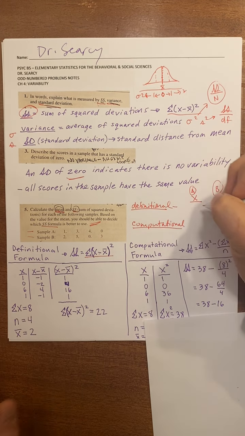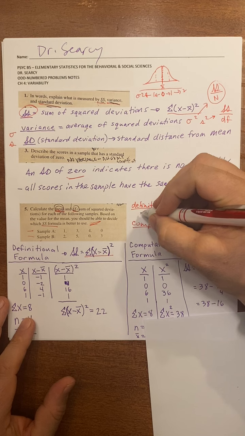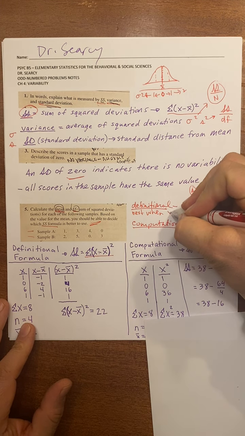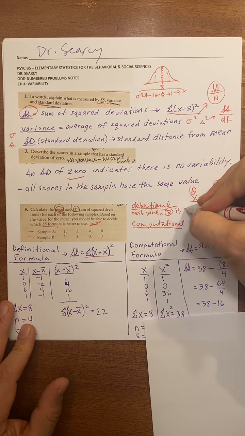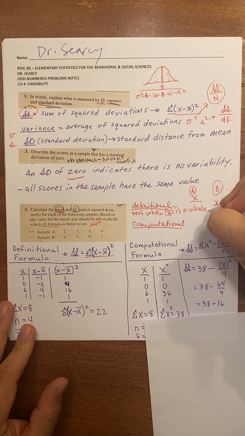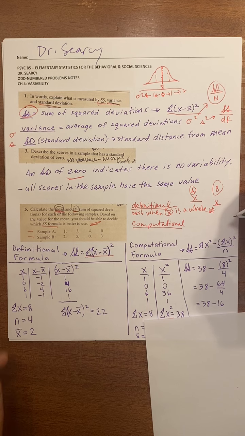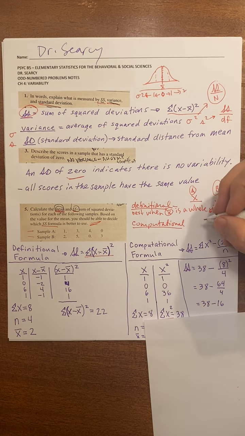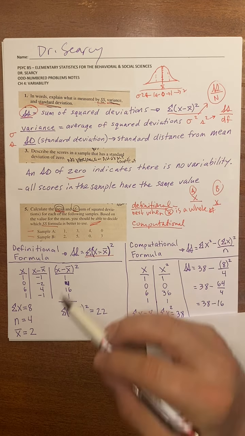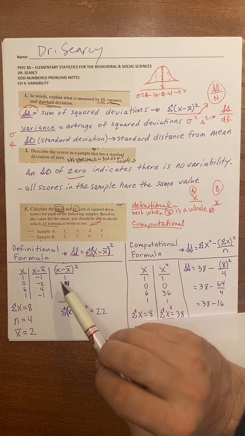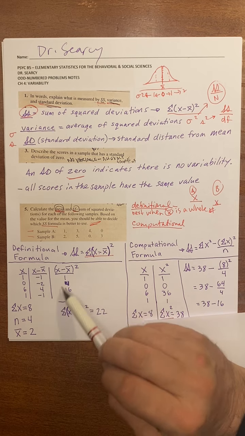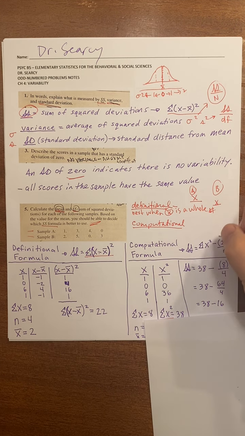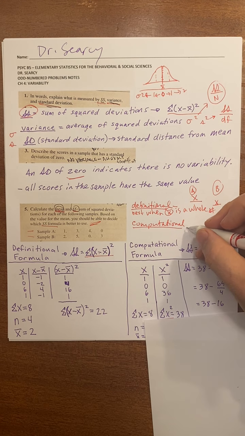The definitional formula is better, we'll say best, when the mean is a whole number, right? Like a 1, 6, a 0, where it's not a fraction. The reason why that's the case is because if there were a fraction here, then these calculations would get kind of complicated. So that's the situation where you would want to use the computational formula.